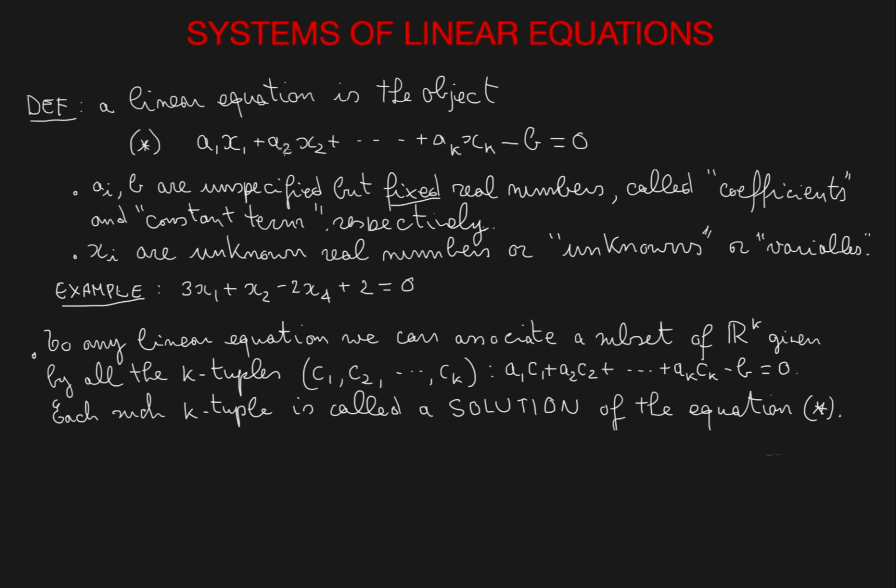That means that plugging in the values Ci for the xi's, we get a 0 on the left hand side of the equation. So this k-tuple is then called a solution of the equation. A solution of the equation is a k-tuple of real numbers such that when plugged in for the variables xi's and expanded in the expression on the left side of the equation, I get 0.